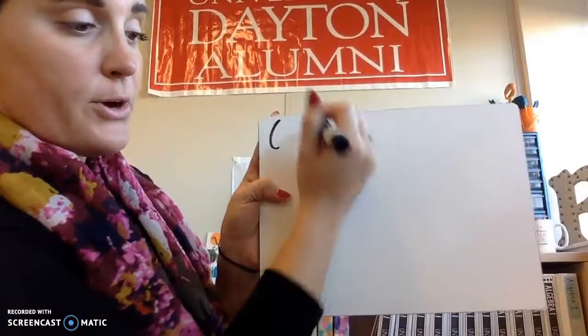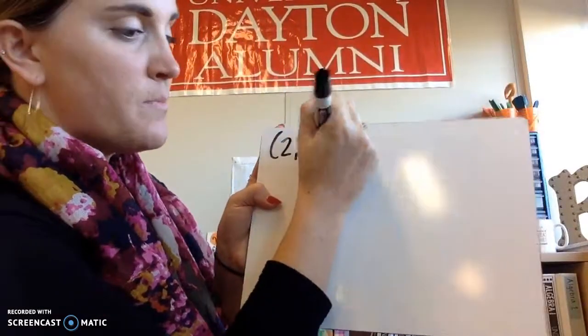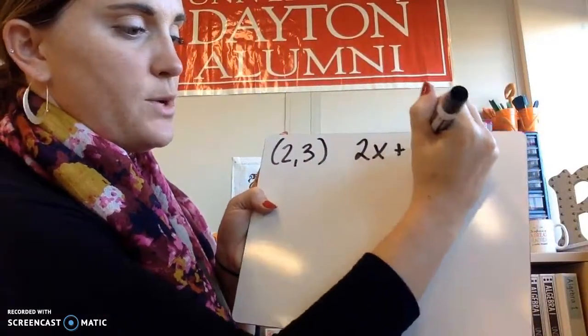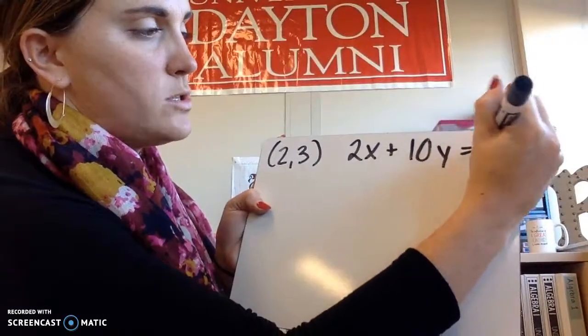Numbers 11 and 12 are in standard form, so we've got a little more work to do. It's going to go through the point 2 comma 3. Standard form, 2x plus 10y equals 20.